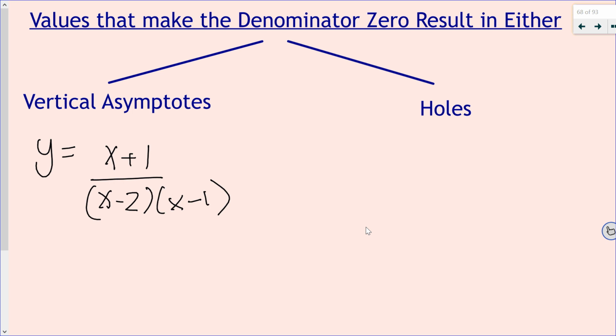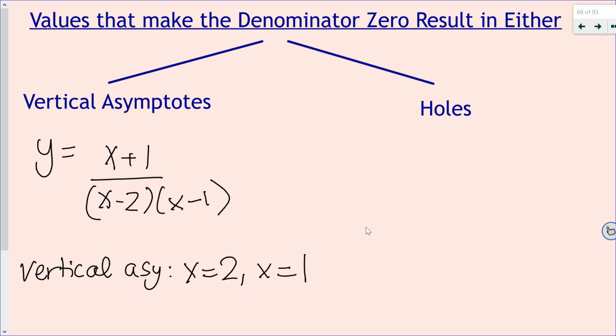X cannot equal 2 and x cannot equal 1. So we're going to have two vertical asymptotes, at x equals 2 and at x equals 1. Those are the two spots that are going to cut vertically through your curve.